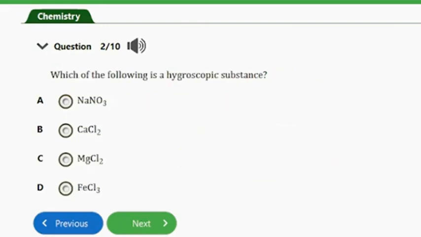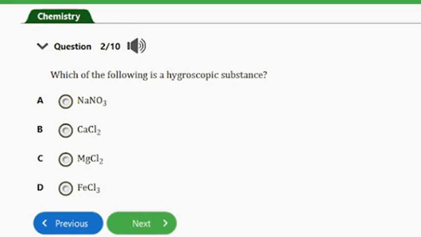So let's consider the next question, question number 2 here. It says, which of the following is a hygroscopic substance? We have A, NaNO3, B, CaCl2, C, MgCl2, and D, FeCl3.